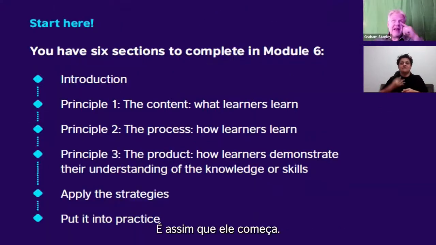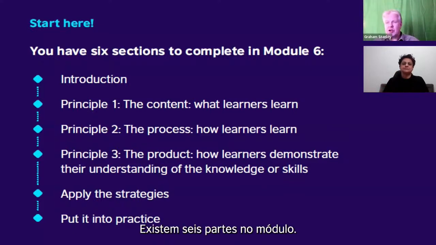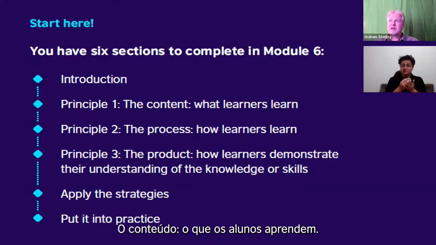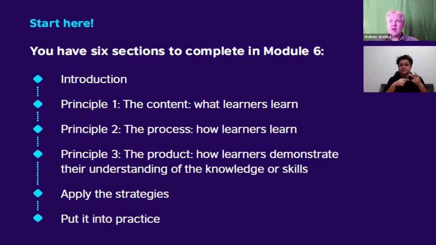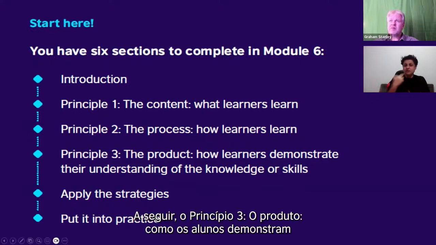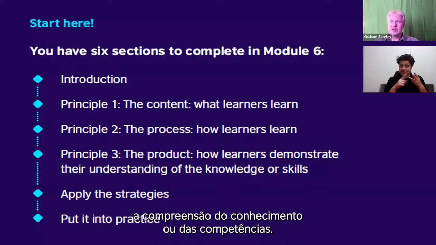So this is the beginning. There are 6 sections to the module. It starts with an introduction. Then it goes to Principle 1, the content, what learners learn, followed by Principle 2, the process of how learners learn, and then Principle 3, the product, how learners demonstrate their understanding of the knowledge or skills.